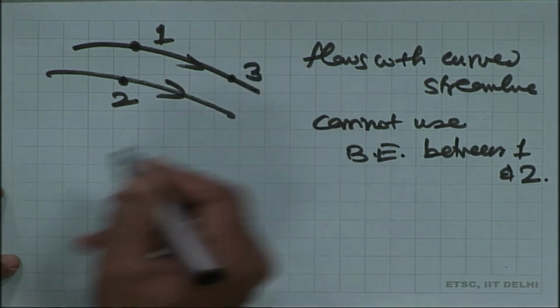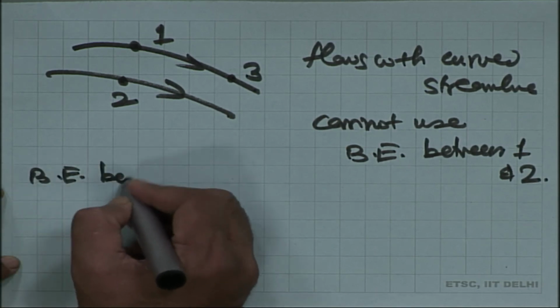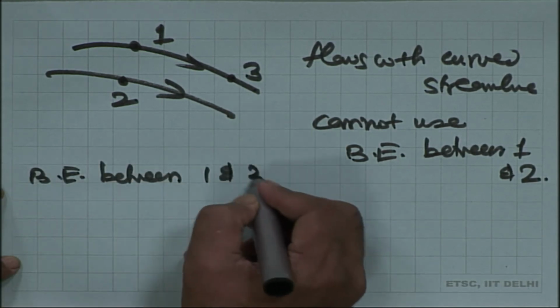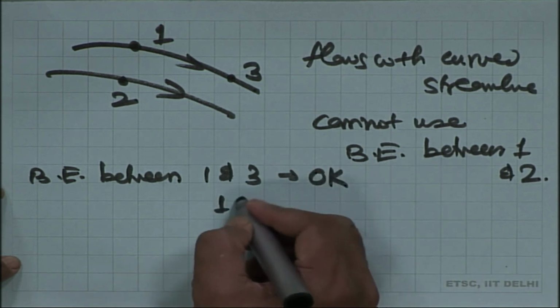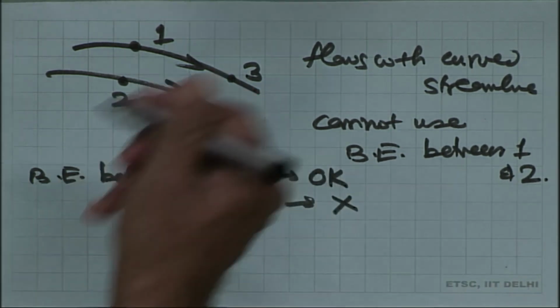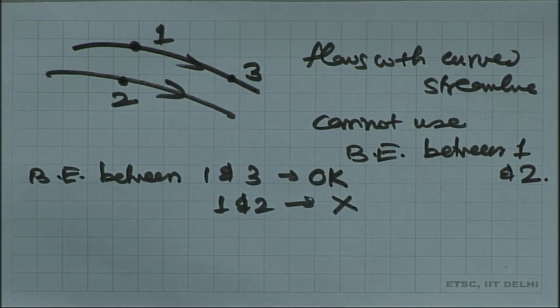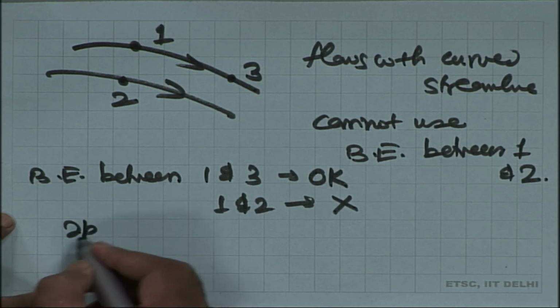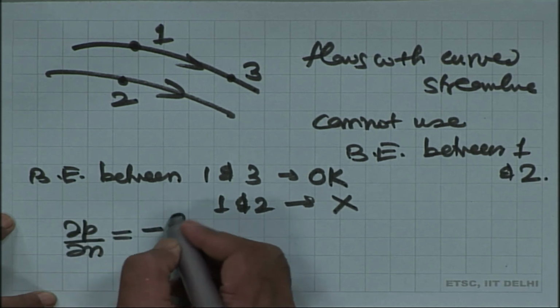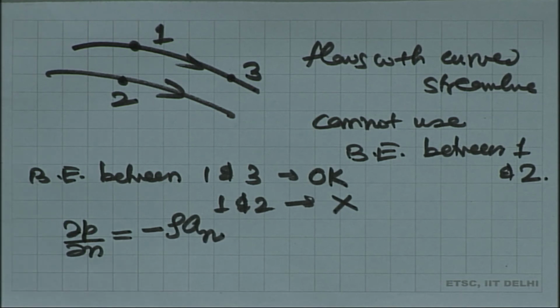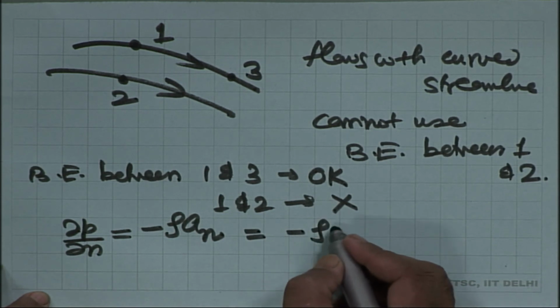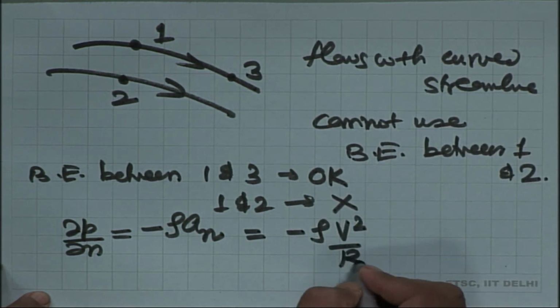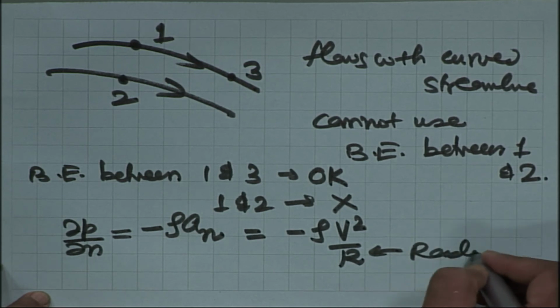Using Bernoulli between 1 and 3 is okay, but 1 and 2 is wrong because they are not along the same streamline. In this case, if we have to find the pressure difference between P1 and P2, we have to use the equation dP by dN is equal to minus rho times AN, which is equal to minus rho times V square upon R, where R is the radius of curvature.